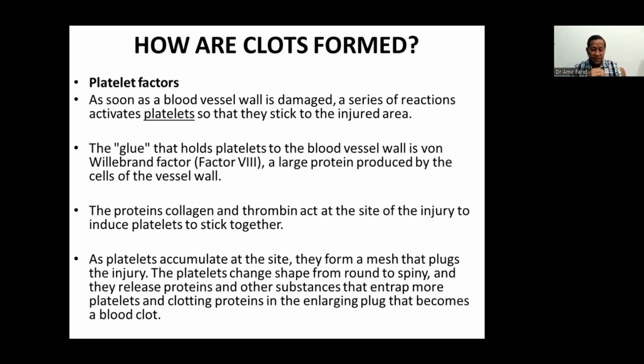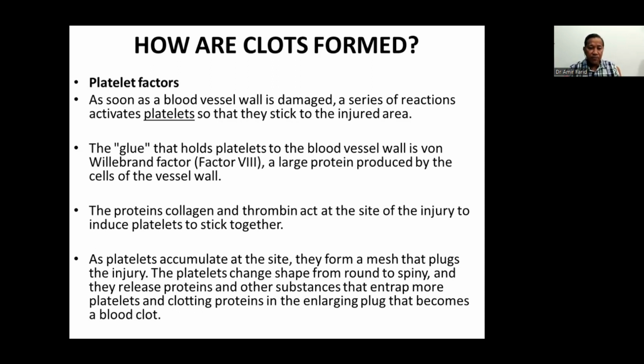And as platelets accumulate at the site, they form a mesh that plugs the injury, and the platelets change shape from round to spiny, and they release proteins and other substances that entrap more platelets and clotting proteins in the enlarging plug that becomes a blood clot. Okay, so that's how the platelets play their role.